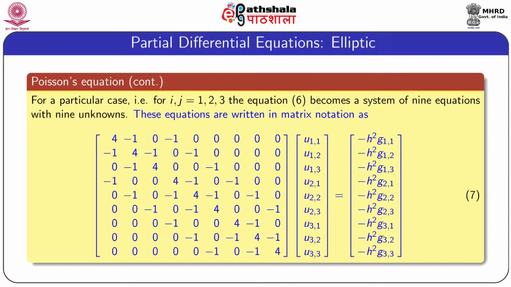All the values are constant, 4 and minus 1 are the values of the coefficient matrix, and this matrix contains a lot of zeros, and there are 9 unknowns u11, u12 up to u33, and the right hand side depends on the value of g. So, solving this equation, we can find the values of u11, u12 to u33.